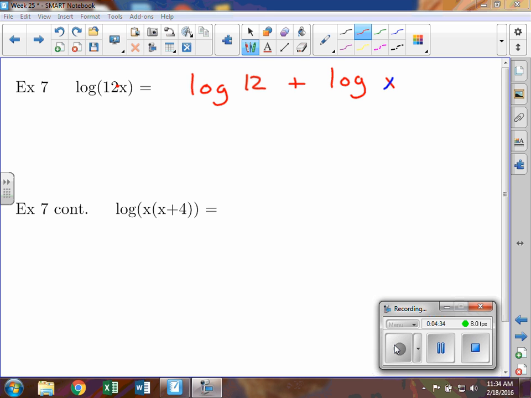Noting the same principles apply to the second problem. x multiplied by the quantity x plus 4. Because we're taking the logarithm of a product, our rule tells us that will get split up into two logarithms based on addition.